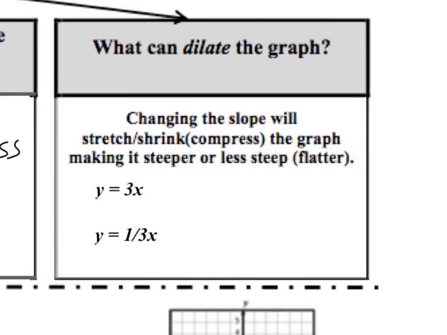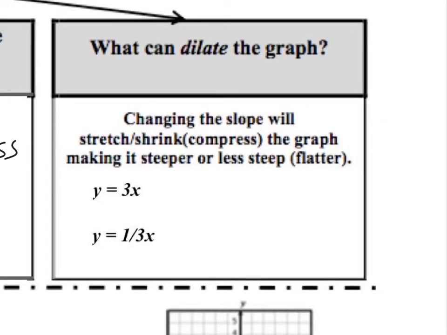And then finally, what we looked at in quadratics was vertical stretch and vertical shrink. We were looking at the a value regardless of the negative sign, just the absolute value of a. If that number was bigger than 1, then we had a vertical stretch, making it a narrower parabola. And if our number was less than 1, so between 0 and 1, a fraction, we had a vertical shrink.